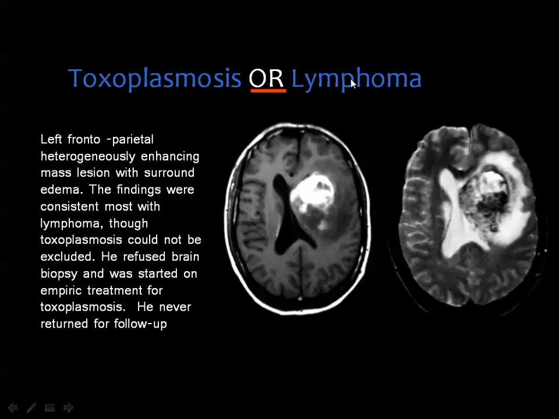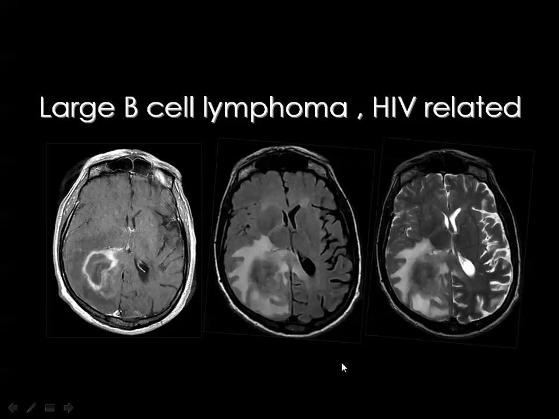Also, lymphoma may have a specific enhancement pattern and toxoplasma may have a different one, and the surrounding edema may be different and so on. But actually, you cannot reach the differential diagnosis between toxoplasma and lymphoma unless the lesion is biopsied. And this is the only confirmatory maneuver to differentiate between both, because the treatment actually is different.